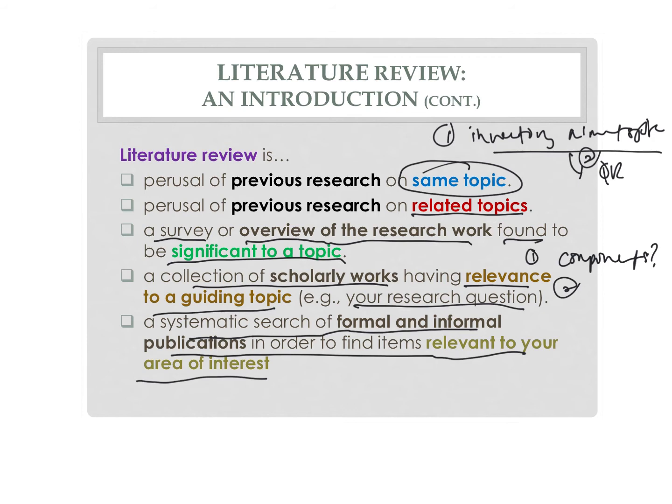So why do we have to read those kinds of scholarly works? We call them scholarly works because we want to find relevant guidelines for your research. And also we want to find the formal and informal publications that are related to your area of interest.